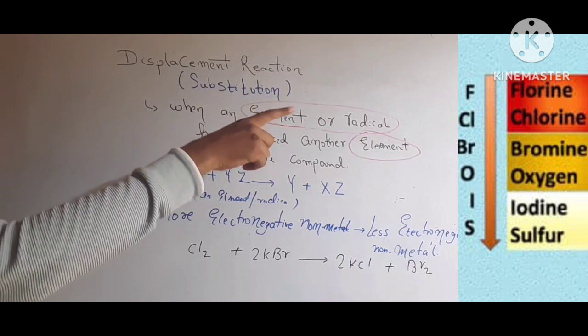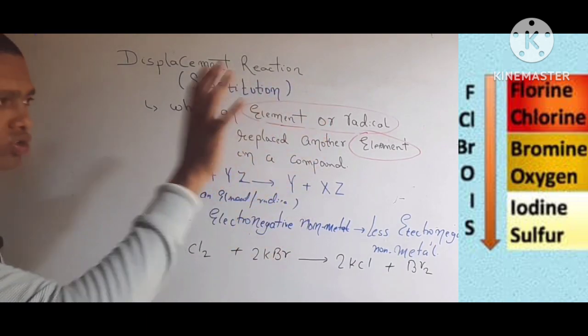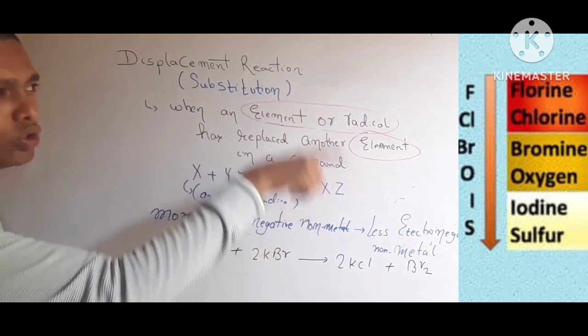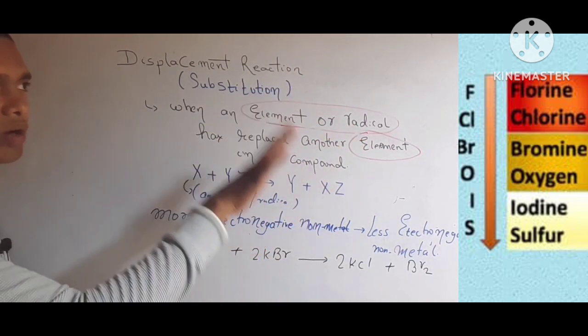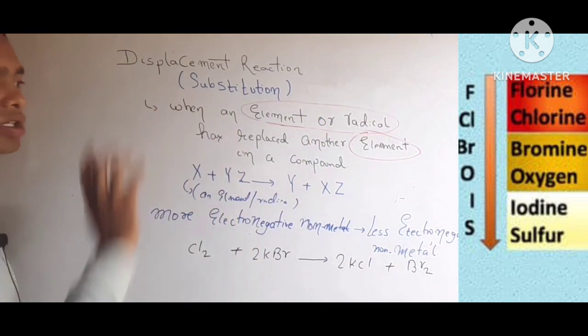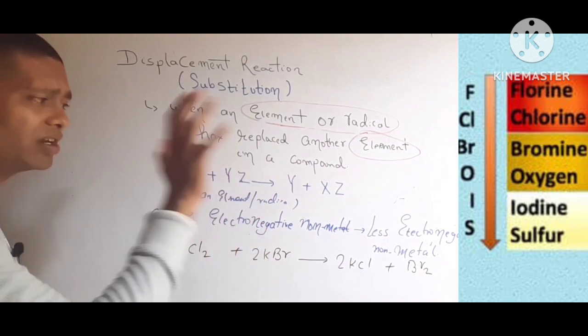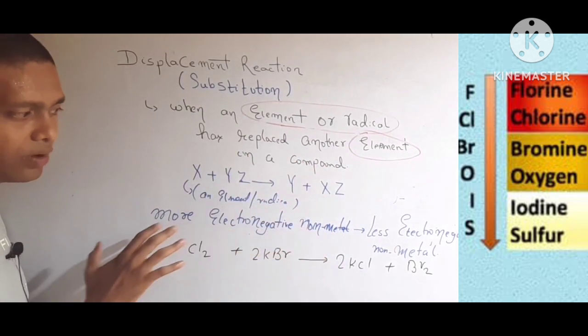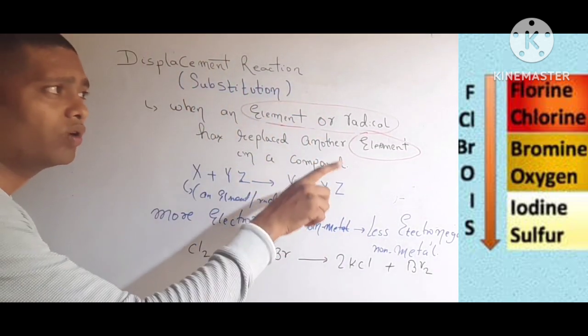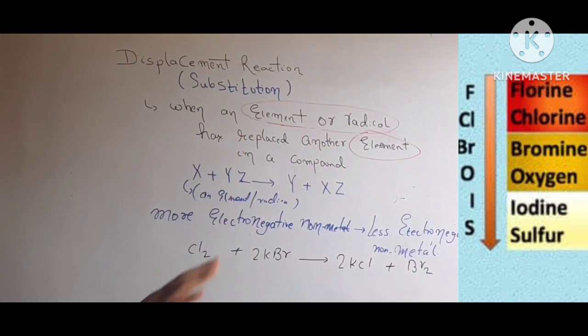You know, fluorine is there, SO4 sulfate ion, NO3 nitrate, and chlorine, bromine, iodine, hydroxyl. These are the higher priority ones. According to the arrangement, you will decide which one is more powerful, which is less powerful, and whether the reaction is possible or not. Show us where the reaction is not possible. I will show you that also, but we will first do some sums on the electrochemical series of metals. Then I will show you how the one with the lower reactivity cannot displace the one with the higher reactivity.